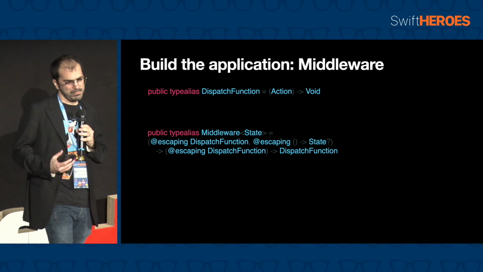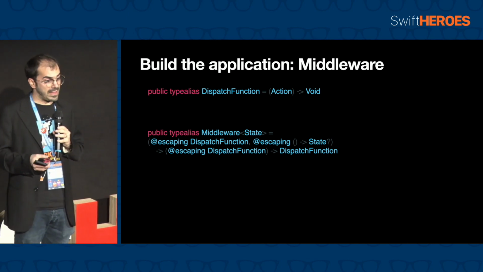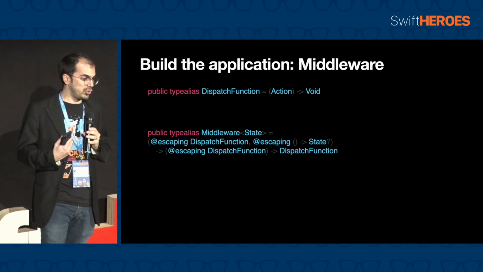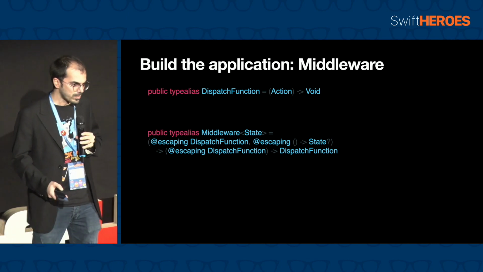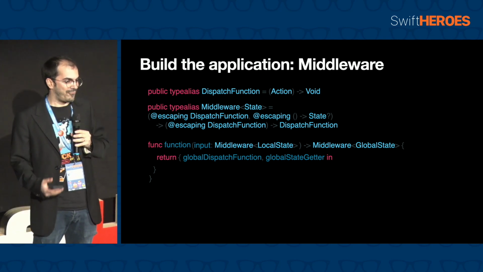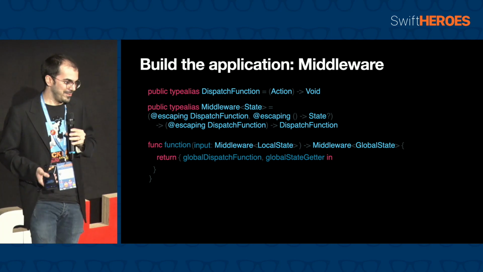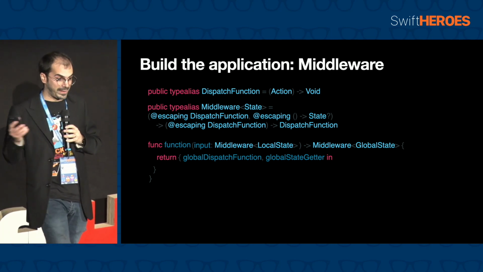We just have to remember that this is a function that takes two parameters in input. The first one is a dispatch function, and the other one is a getter of the state. So our function will be a function that returns a function, because a middleware, we just said, is a function, of course. A function with two parameters.